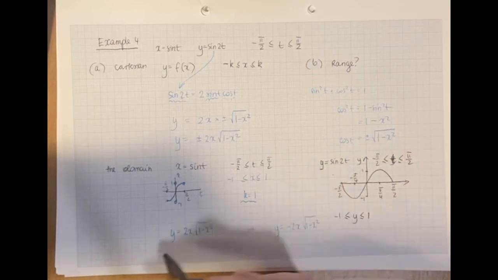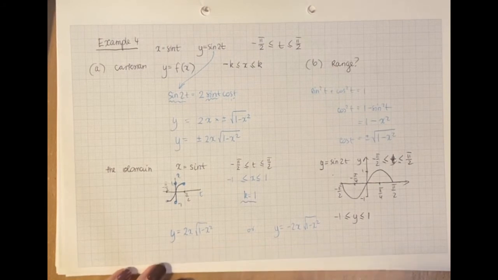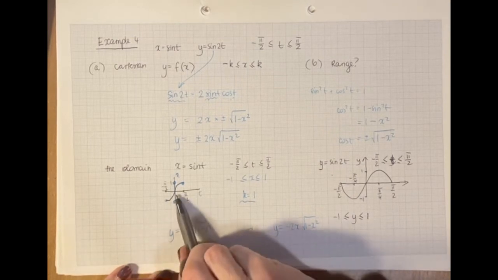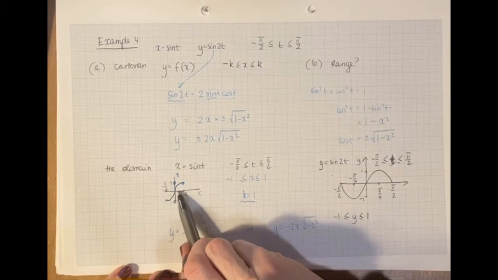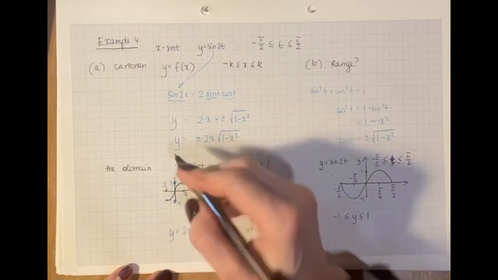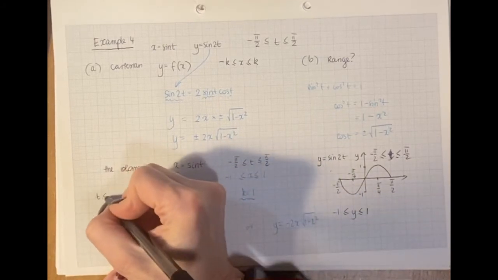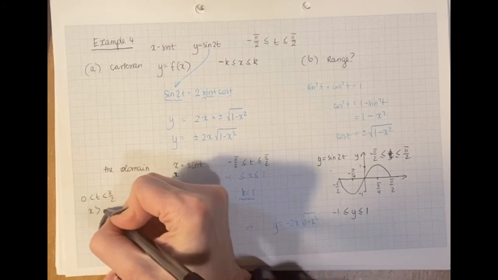The way to consider it is to think about the signs of our functions. When t is between 0 and pi over 2, x values are greater than 0.